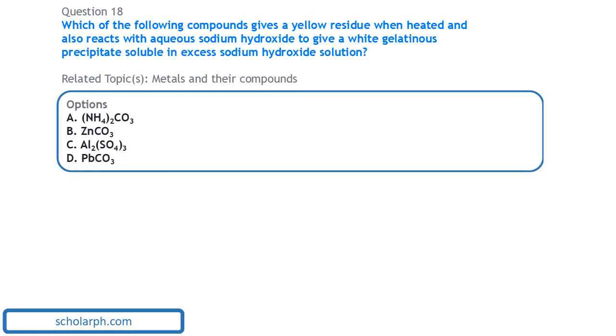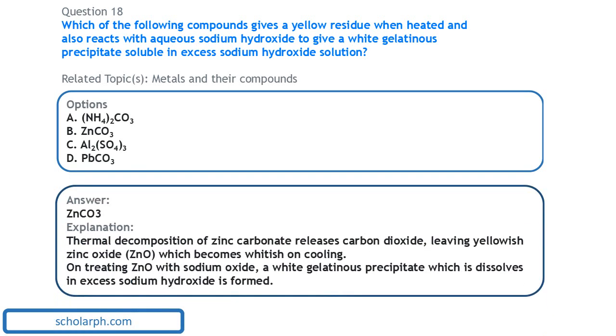Which of the following compounds give a yellow residue when heated and also react with aqueous sodium hydroxide to give a white gelatinous precipitate soluble in excess sodium hydroxide solution? That is zinc trioxocarbonate.